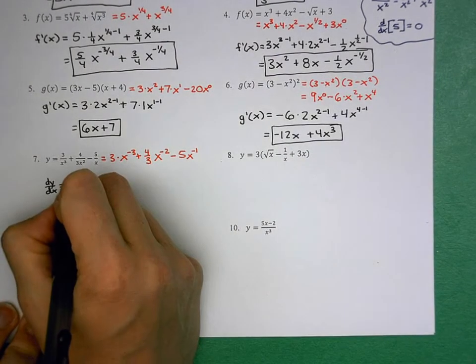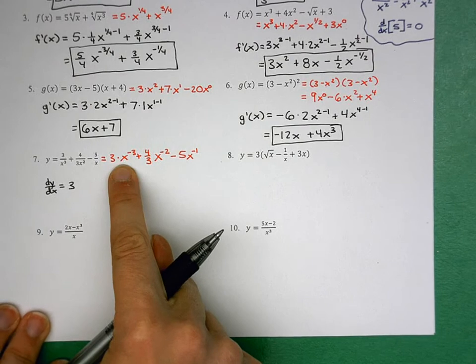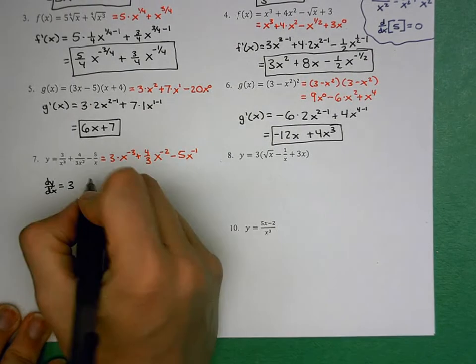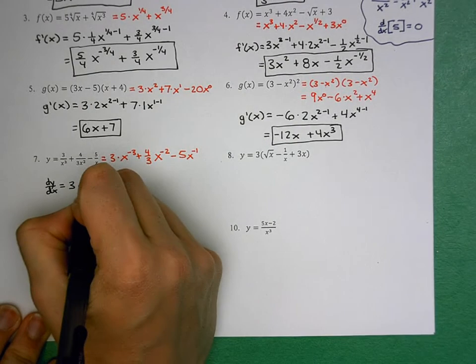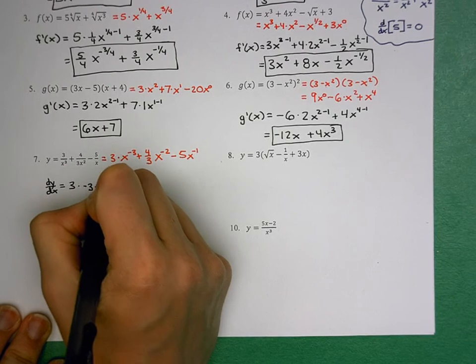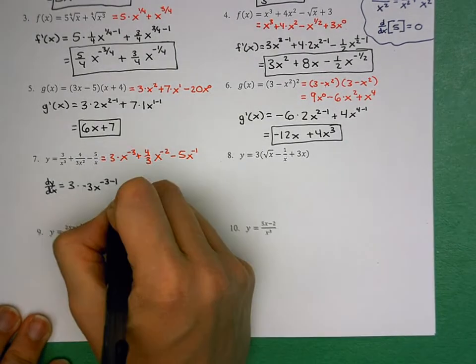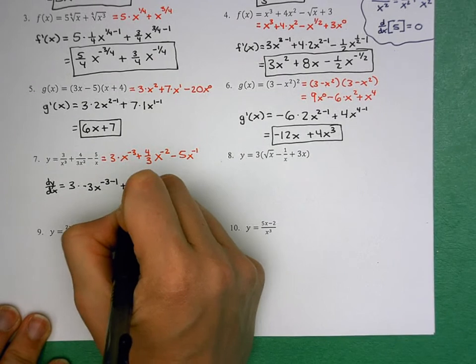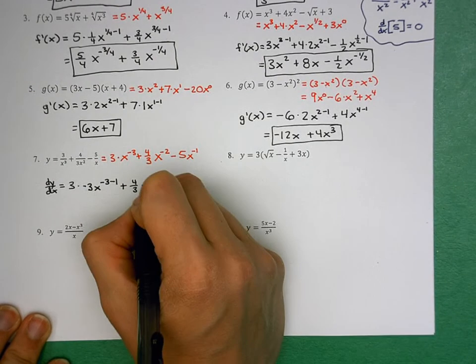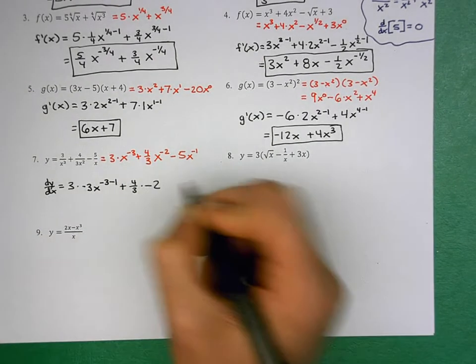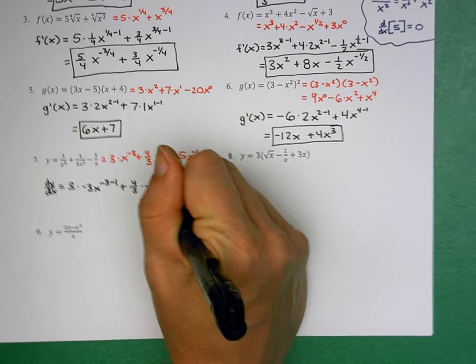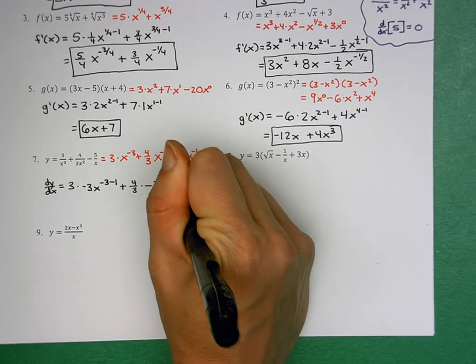Okay, what is the n in the first term? Negative 3, so we're going to go ahead and bring that negative 3 down in front, and then your new exponent is going to be n minus 1. Okay, n in the second term is negative 2. Bring that negative 2 down in front, and your new exponent becomes n minus 1.